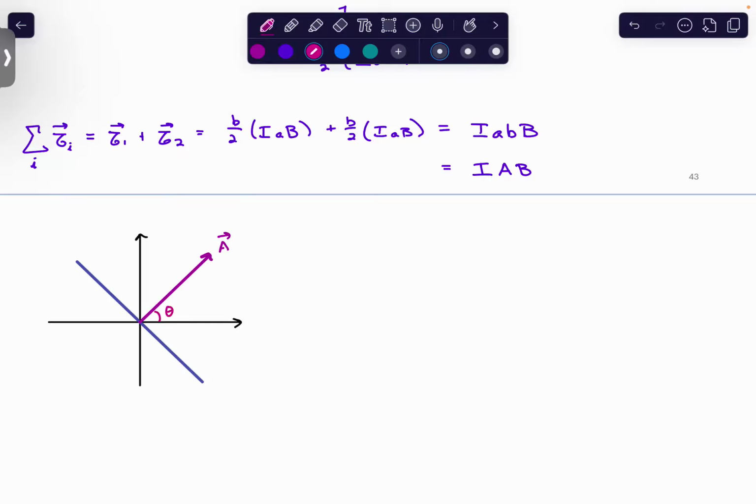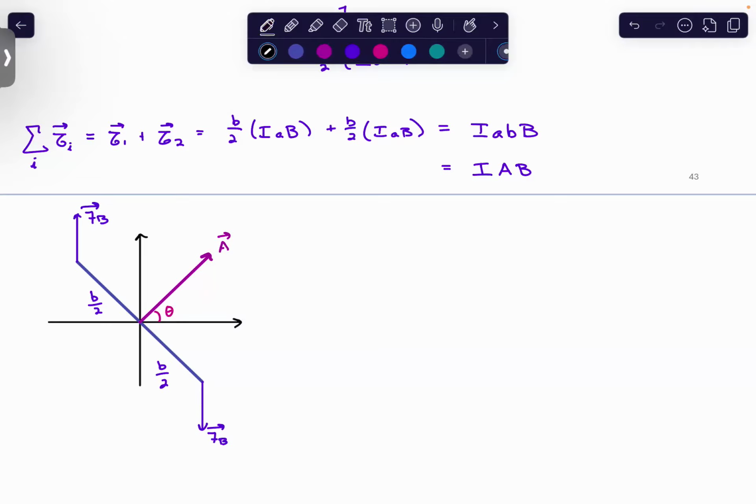That's making an angle theta. You have the magnetic force there, magnetic force there, B over 2, B over 2.